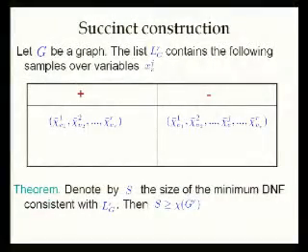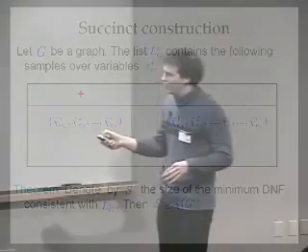Then remember that the optimal formula in this variable would be monotone, and under this translation, it would translate into the monotone DNF formula over these new variables. Of course, that's an informal intuitive reasoning.